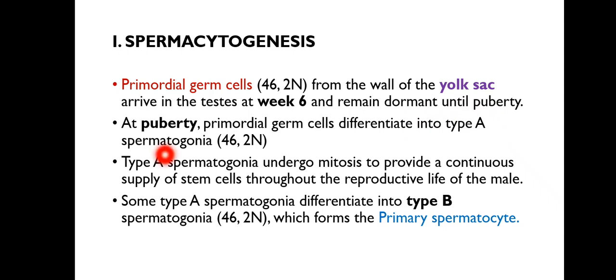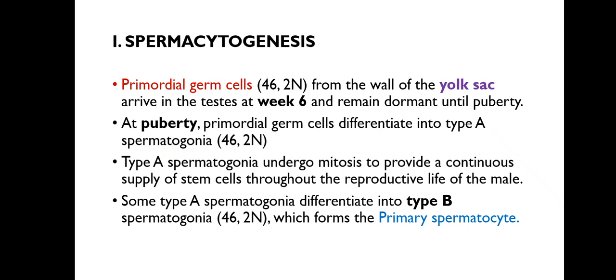Now, after puberty, these primordial germ cells differentiate into what we call type A spermatogonia. So after this baby boy is born, at puberty the body is going to remember that at 6 weeks, when you were a fetus, these primordial germ cells arrived in your testes.